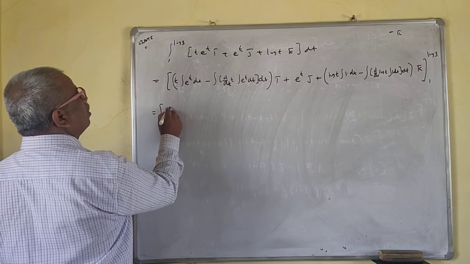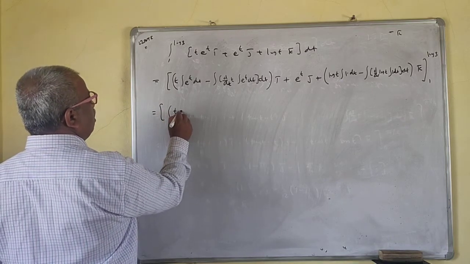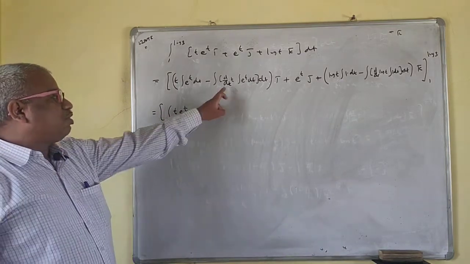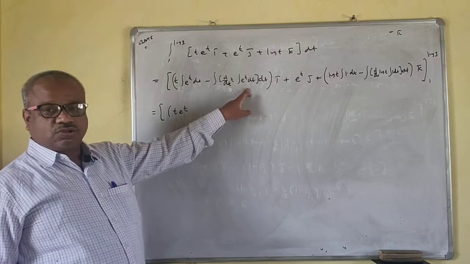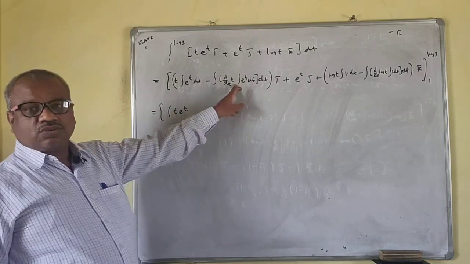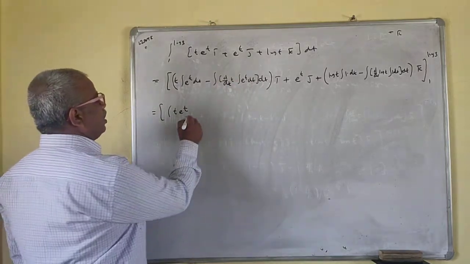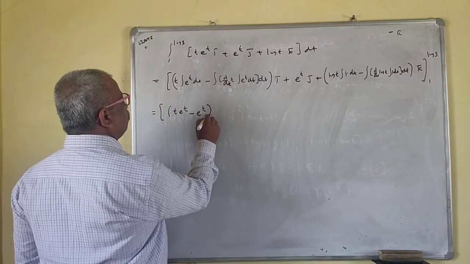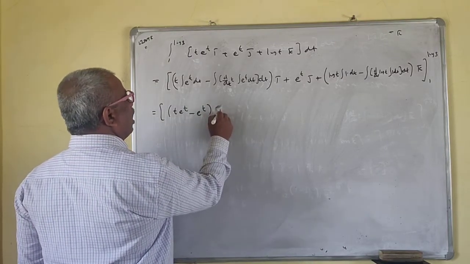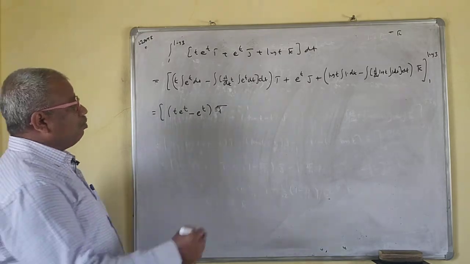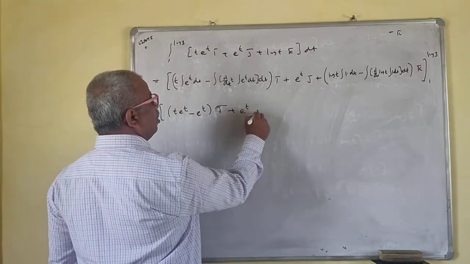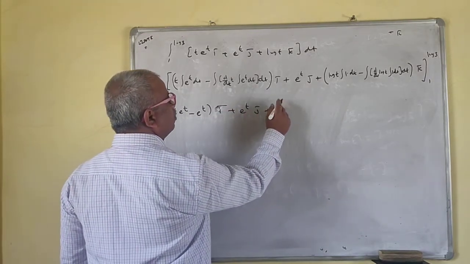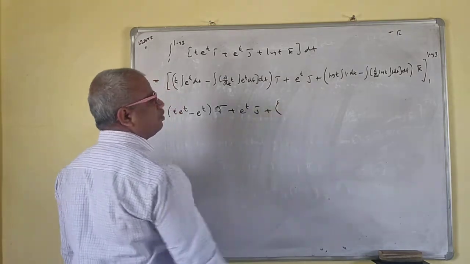This I write in bracket. Okay, so t e raised to t: derivative is 1, integration is e raised to t, so this total product is e raised to t, and the integration of e raised to t is e raised to t, so e raised to t minus e raised to t I bar plus e raised to t j bar, plus we write in bracket.